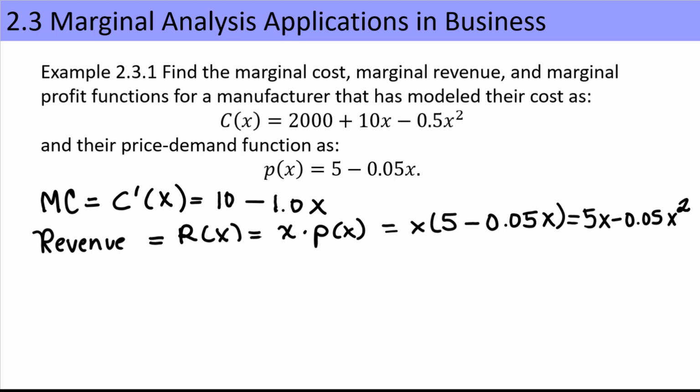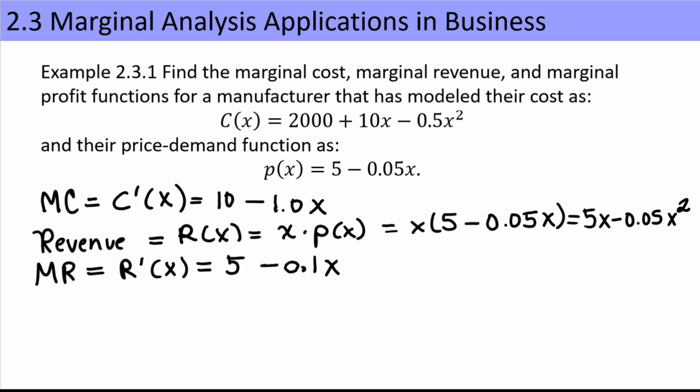Now we can take the derivative of that to get the marginal revenue. The marginal revenue, MR, is the derivative of the revenue function. The derivative of 5 times x is just 5. The derivative of negative 0.05x squared: we need to do 0.05 times 2, so that'll be minus 0.1x, since 2 minus 1 is just x.